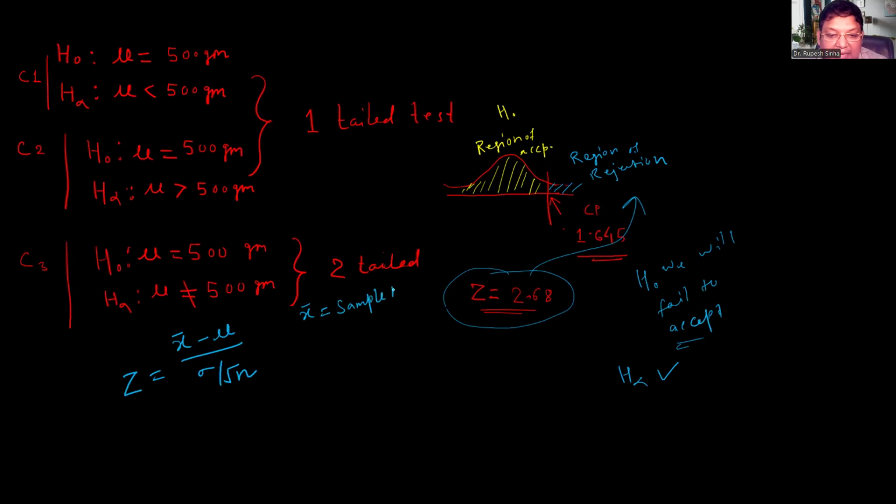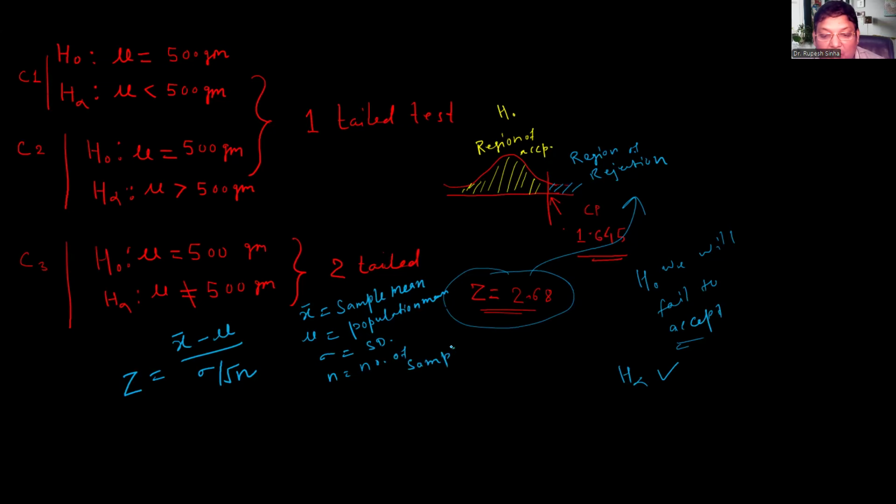Mu is population mean, which I wrote in my null hypothesis. This is standard deviation of the sample, and n is number of samples.